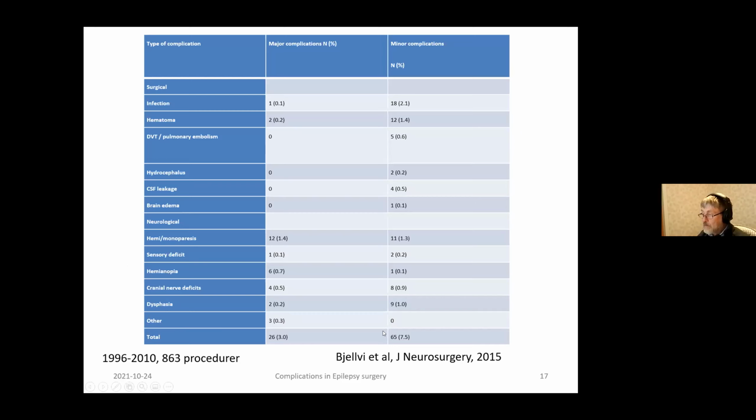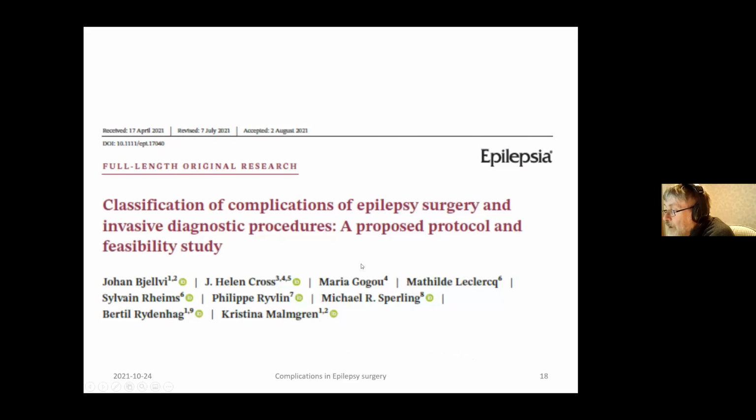And then my colleague in neurology, Johan Bjellvi, went through it all again with 863 procedures from 1996 to 2010, and the numbers are really at the same level as the first publication. What is also important is to be aware of what kind of classification we have.